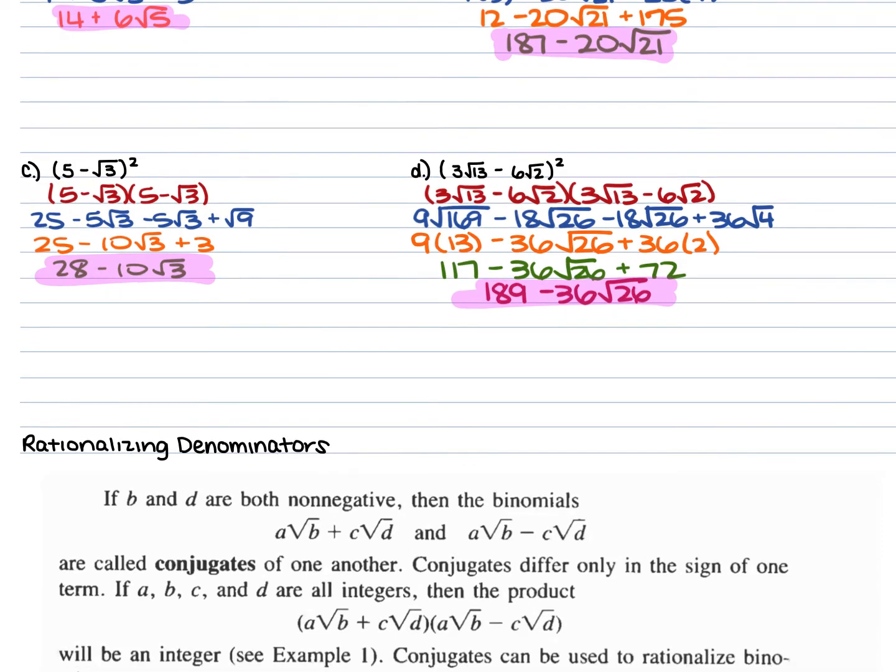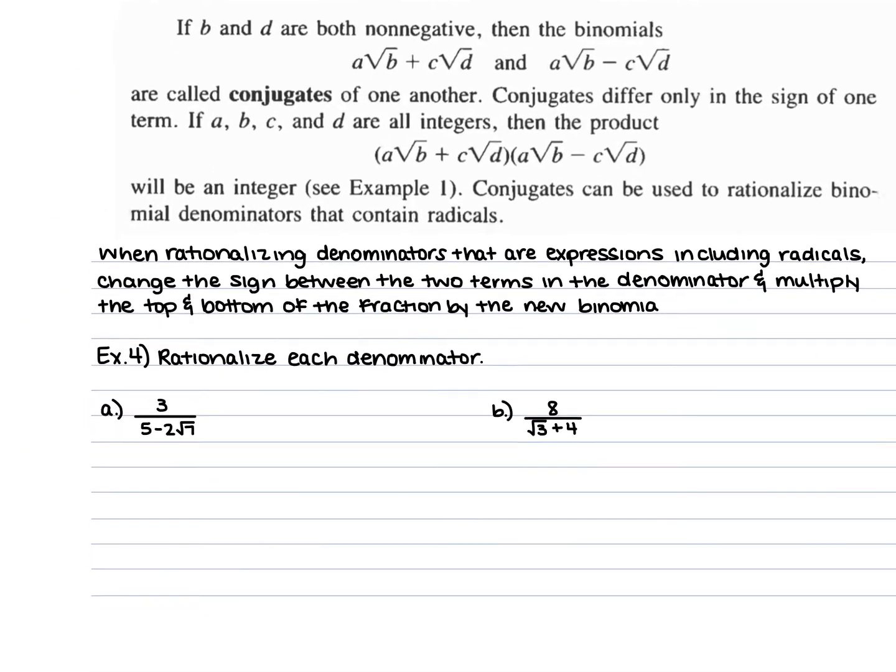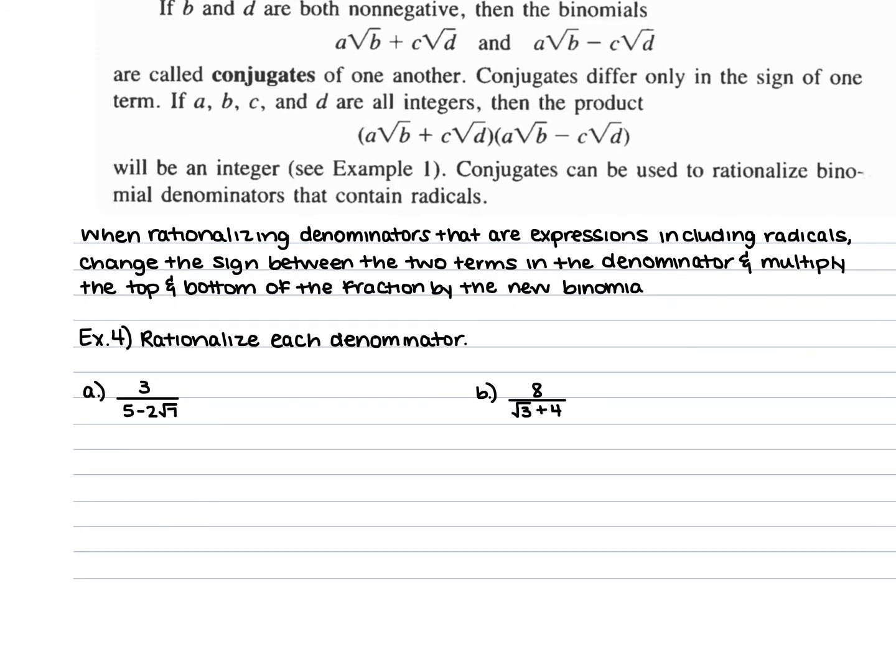The last part of our lesson deals with rationalizing denominators that involve these binomials with radicals attached to them. So for example A, we have 3 over 5 minus 2 square root 7. You're going to take the conjugate of the binomial in the denominator.